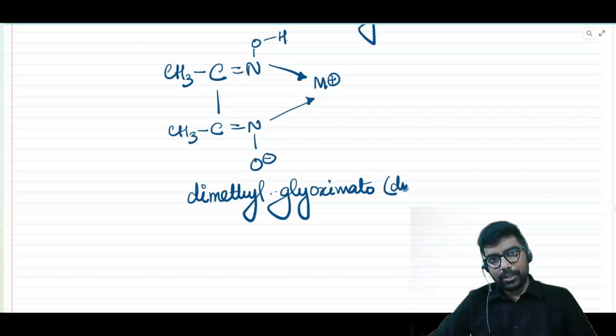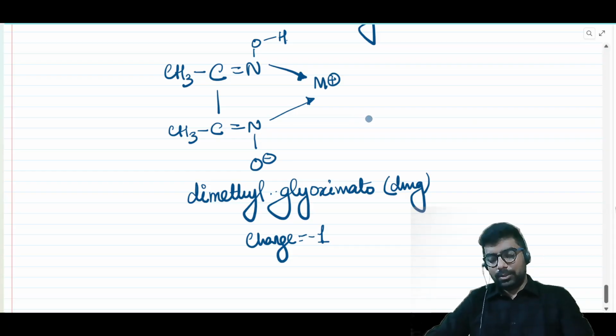In short form, we call it DMG. It has a charge of minus 1. So this is something like this.